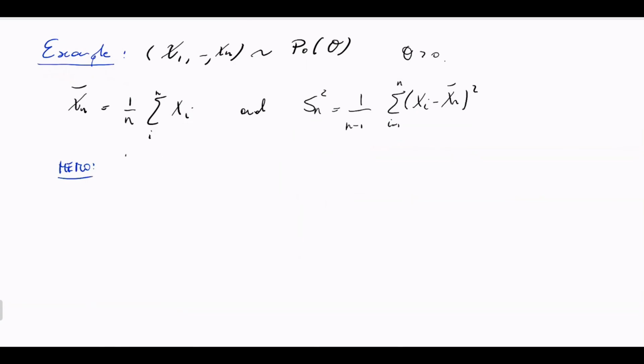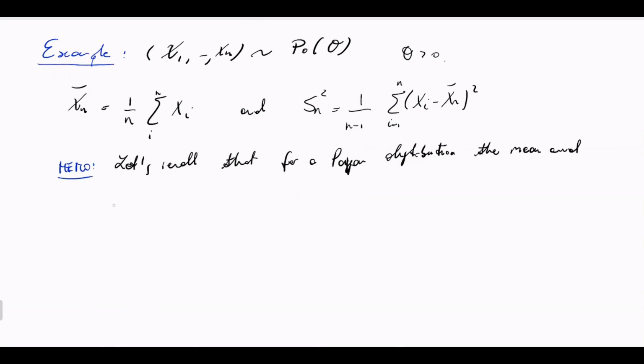Let's recall that for a Poisson distribution, the mean and variance are equal to the parameter, right?